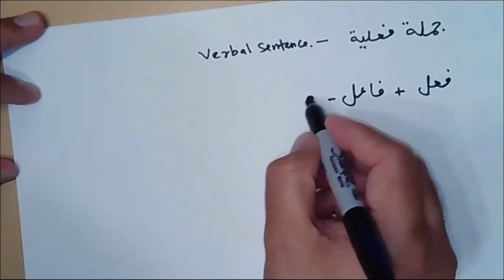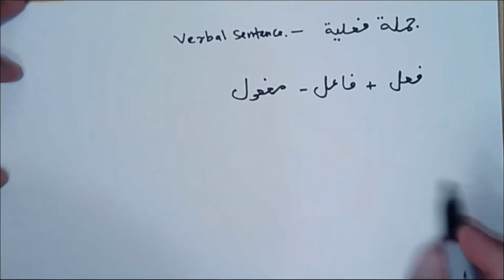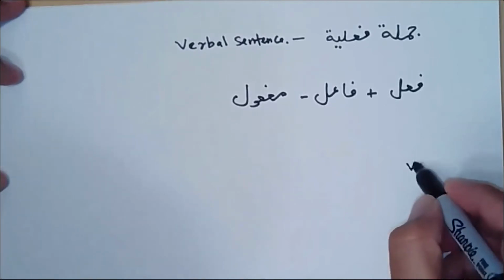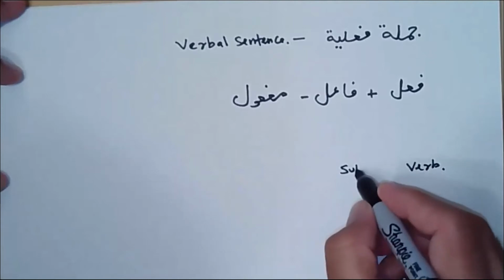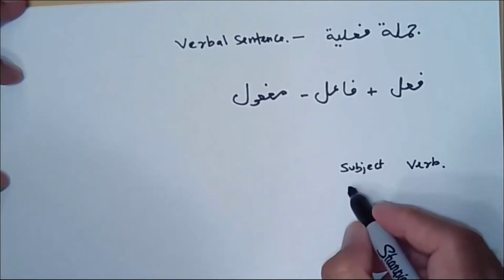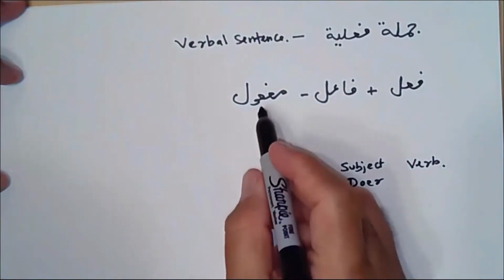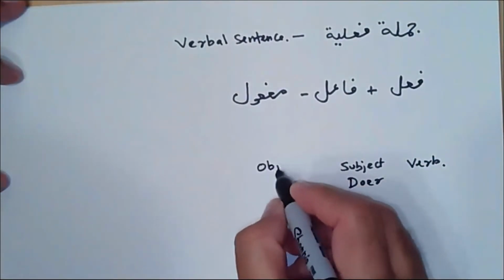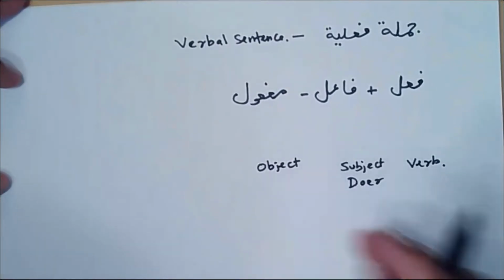Maf'ul. And then it has maf'ul. Yes. So the English for fa'il is like verb. The fa'il is the subject or the doer, right? And the maf'ul is the object on which the action is taking place.